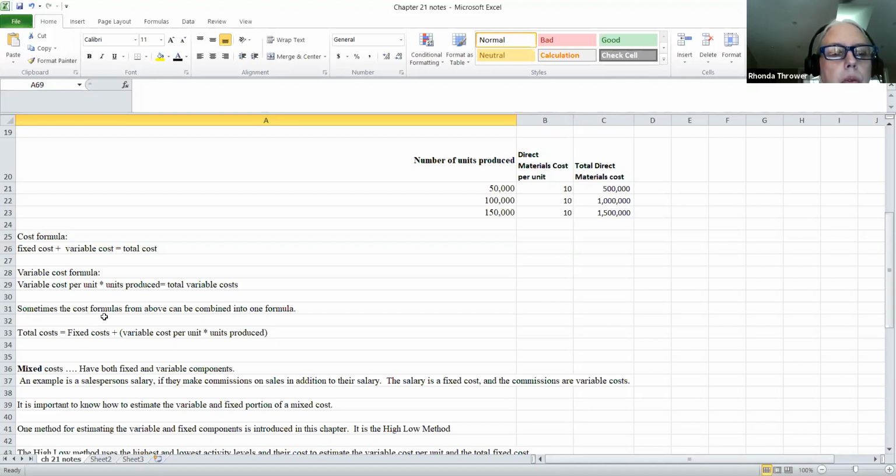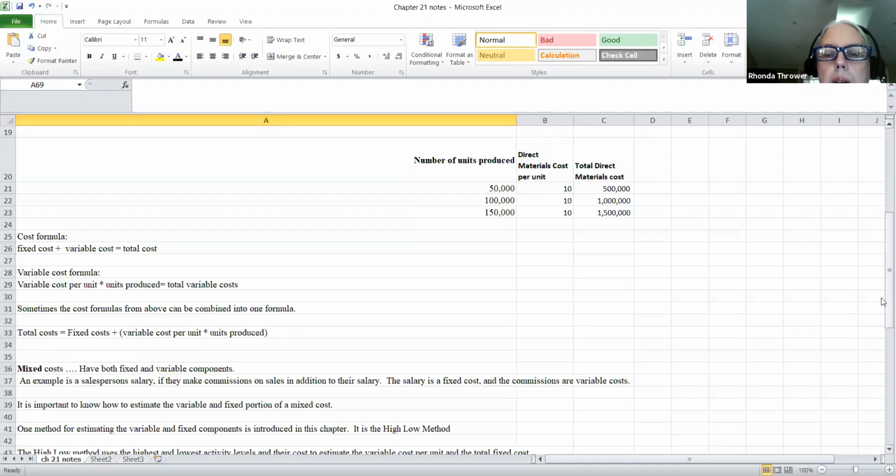Sometimes the cost formula can be combined into one formula, and this is the combined formula here. Notice we're still talking about total cost, and total cost is still going to be your fixed cost plus your variable cost. They've just broken the formula down for variable cost as variable cost per unit times the units produced.